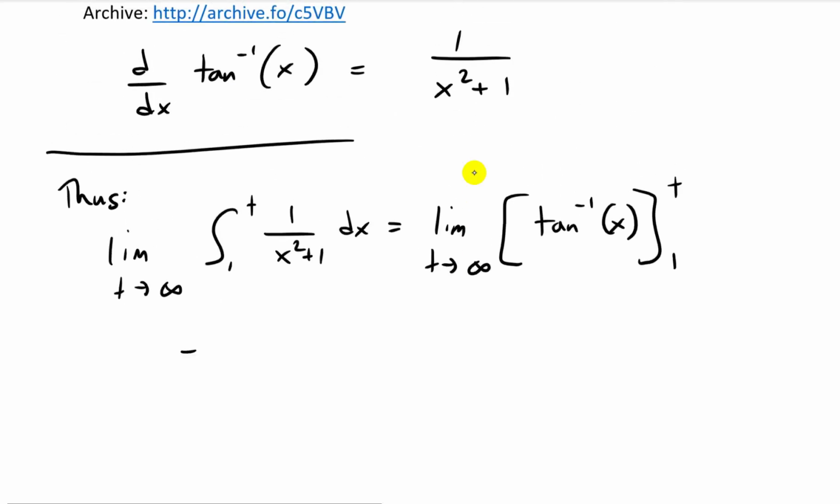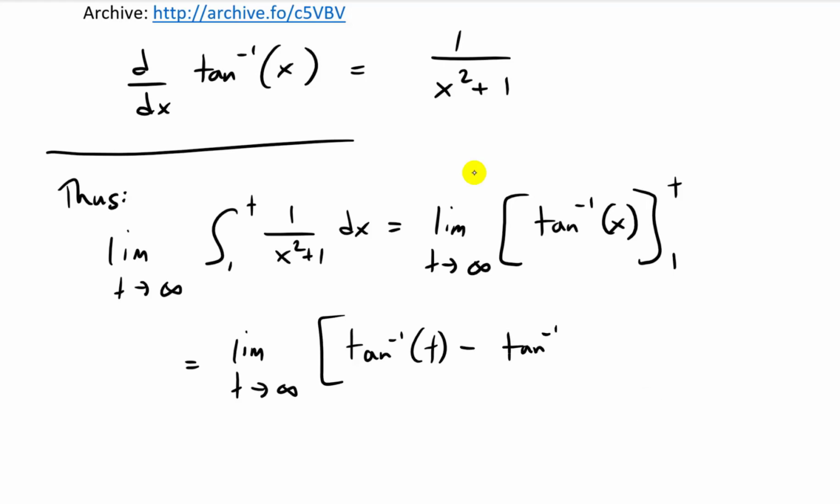So this equals the limit as t approaches infinity of the bracket inverse tan of t minus inverse tan of 1.